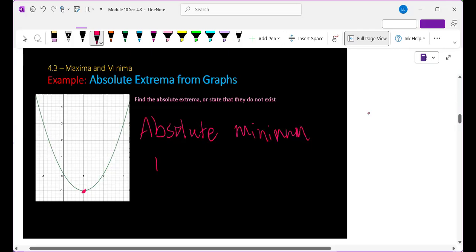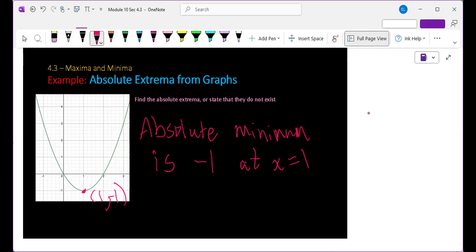The absolute minimum is -1 at x equals 1. So like our coordinates for this point are (1, -1). So the minimum value is -1, and it occurs at x equals 1.